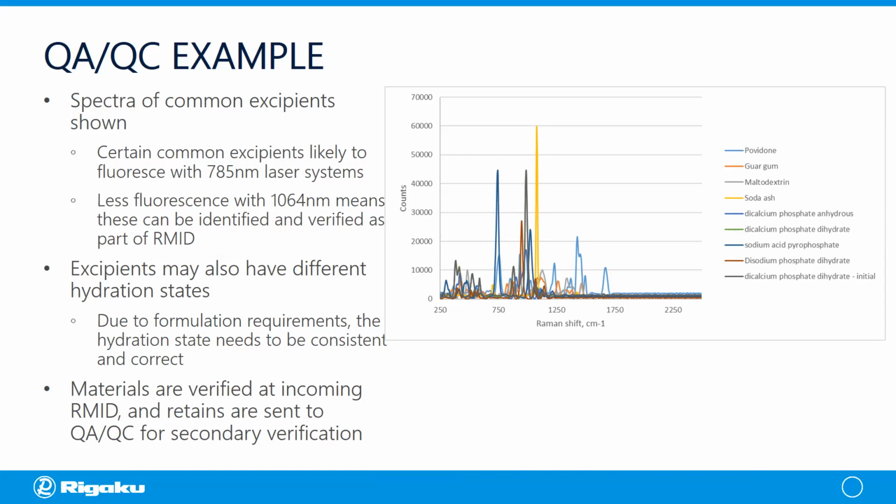Okay. So another thing you might be checking here is that the materials that you have scanned are similar to your retained materials. So if you have a new lot, batch, or vendor, you want to make sure that the new material is similar to the material you've put in the library.